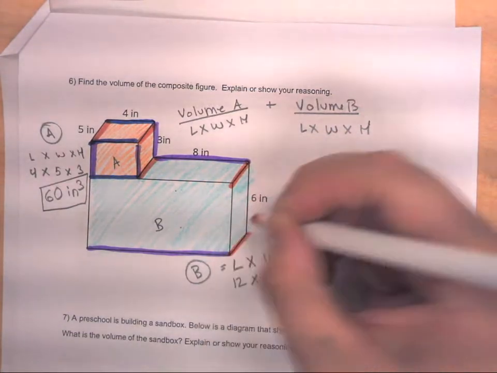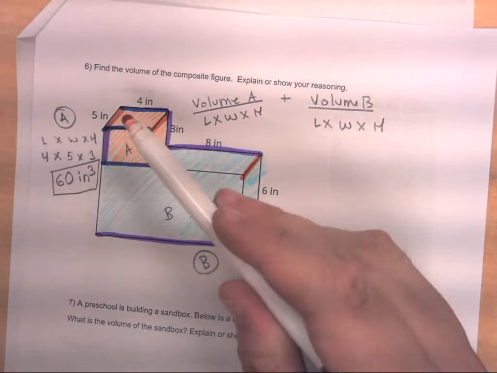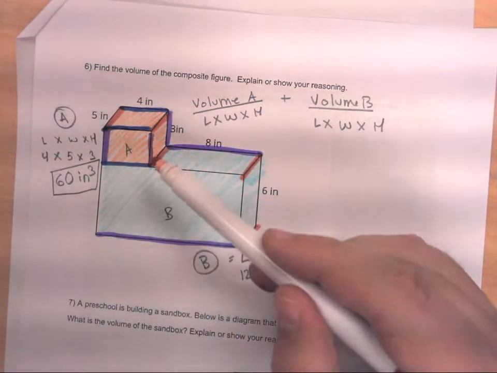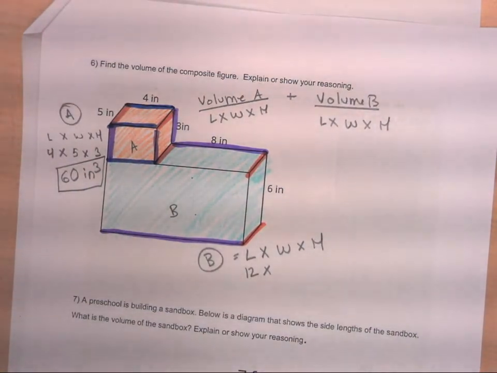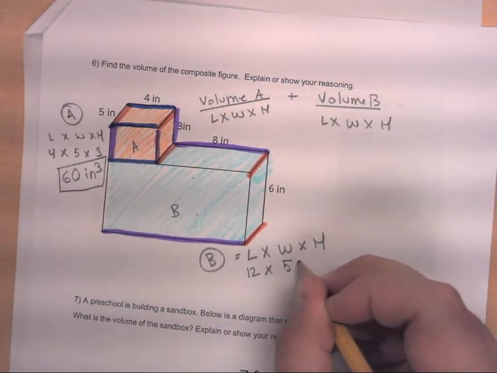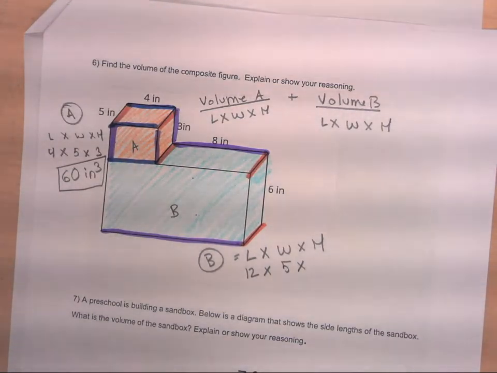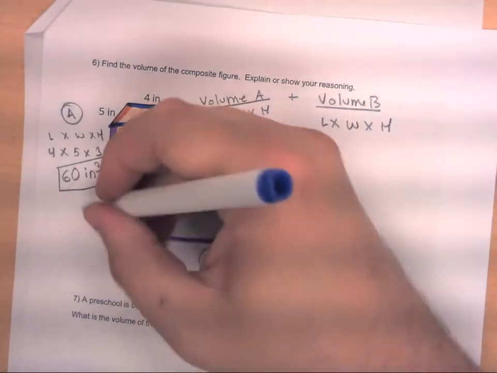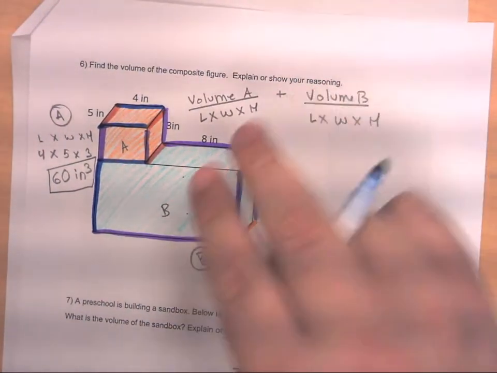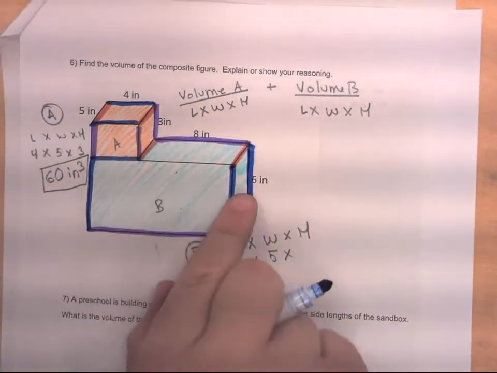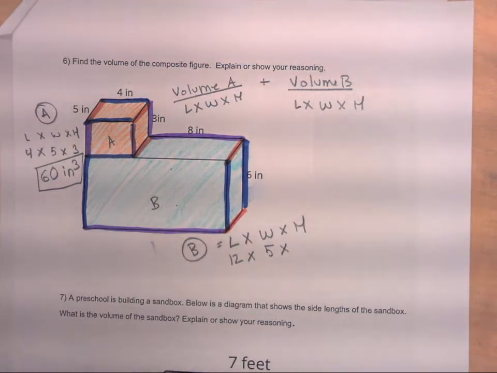To determine the width of B, notice that the width of A is labeled as 5, and that's the same width as B. So the width of B would also be 5. And then lastly, we have a height that we need to determine for B, and that's labeled as 6.